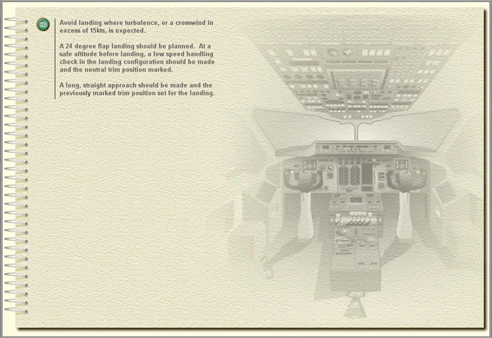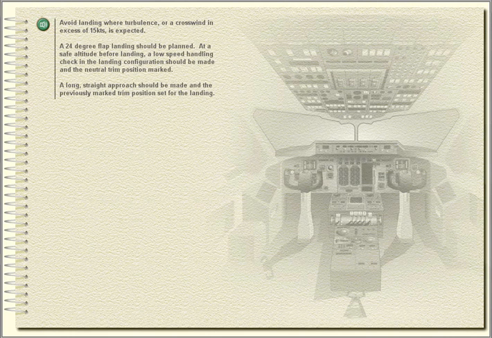Avoid landing where turbulence or a crosswind in excess of 15 knots is expected. A 24-degree flap landing should be planned. At a safe altitude before landing, a low-speed handling check in the landing configuration should be made and the neutral trim position marked.